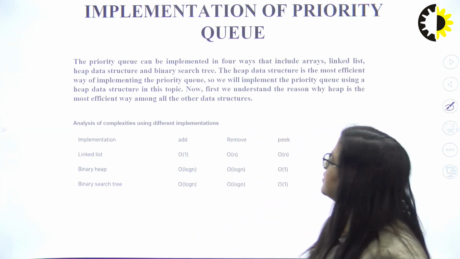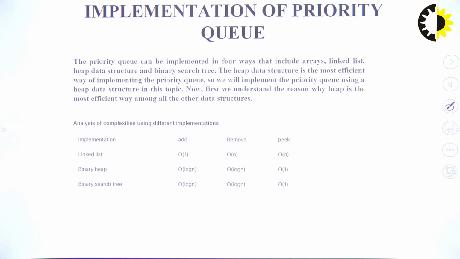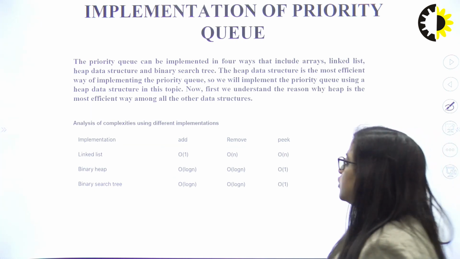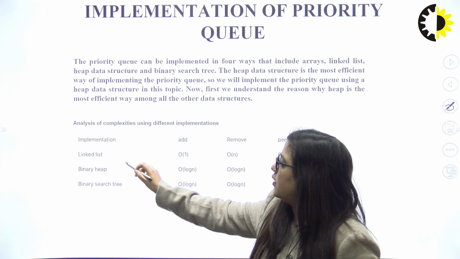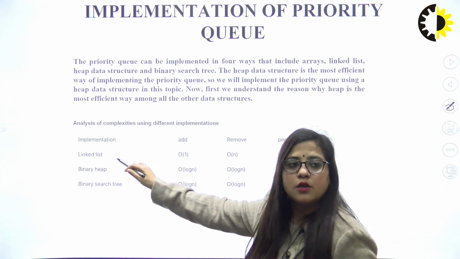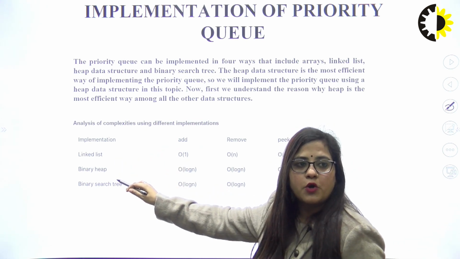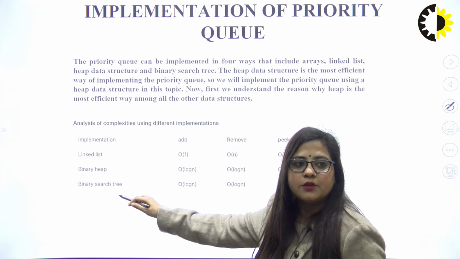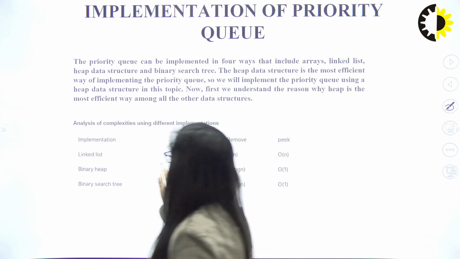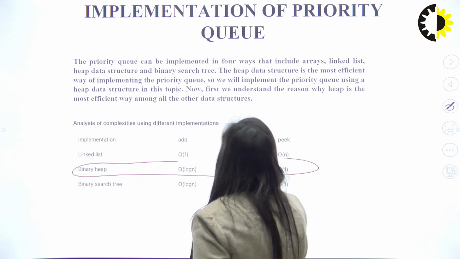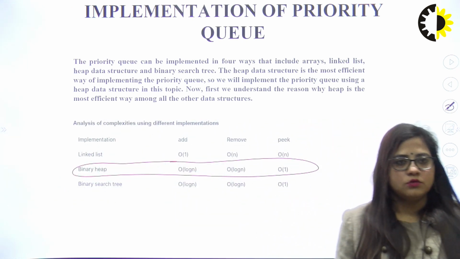There is some analysis of complexity using these implementations. So you can take the four ways. First one is implementation according to linked list, implementation according to binary heap, and implementation of search tree. So binary heap is the best way for a priority queue. Got it?